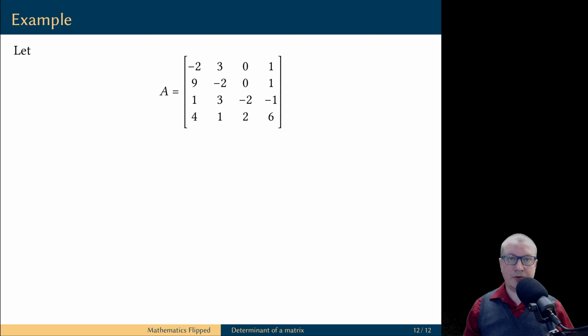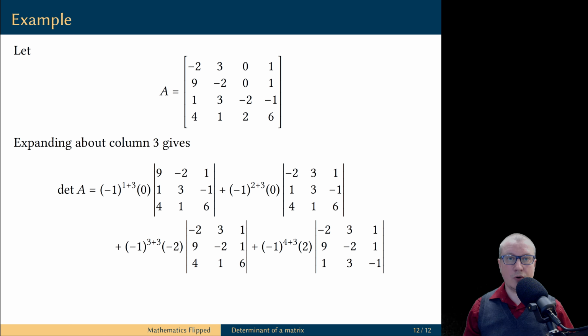Notice that column 3 contains 2 zeros. Therefore, in the cofactor expansion, something will get multiplied by zeros, and therefore we will not have to compute the determinants of the corresponding 3x3 matrices. So let's apply the cofactor expansion along column 3 of this matrix. We do not need to compute the determinants of the first two 3x3 matrices because they will get multiplied by zeros in this expansion.